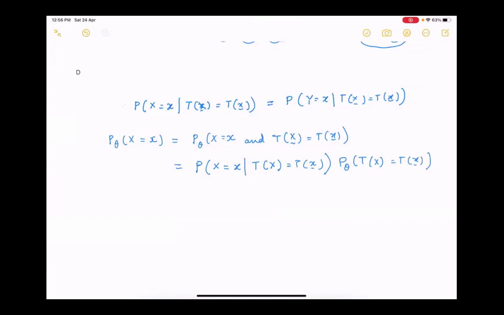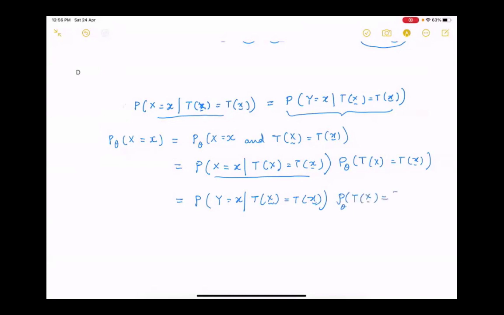Now this is the same as this guy, so I will replace this with him. Basically I can write it this way: Tx tilde equal to T of small x tilde, P theta of Tx equal to T of small x tilde.